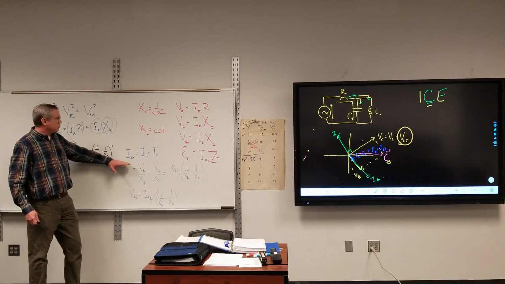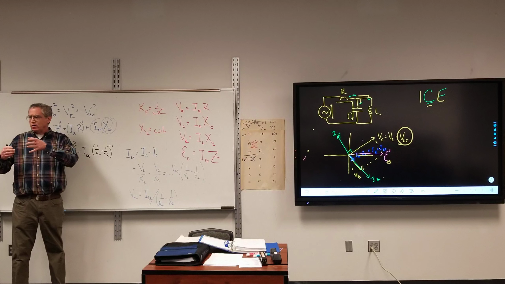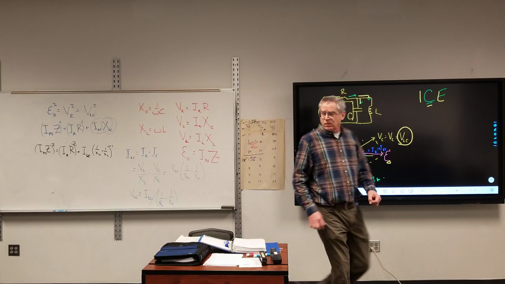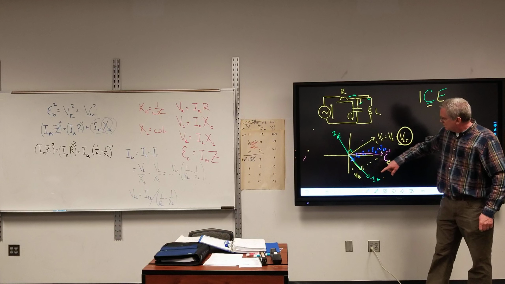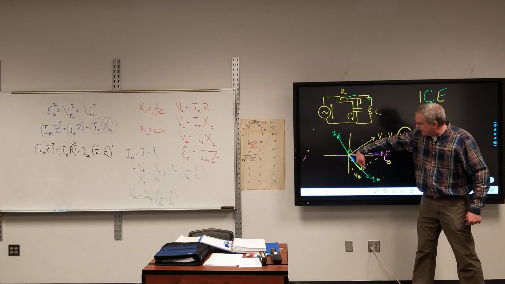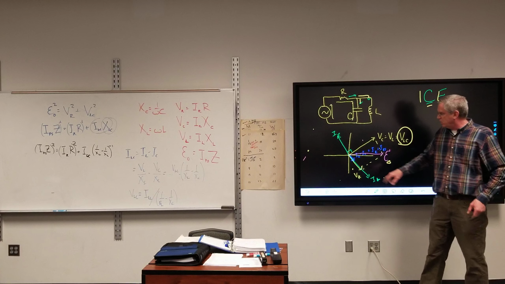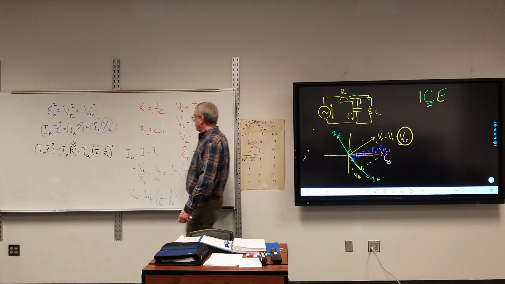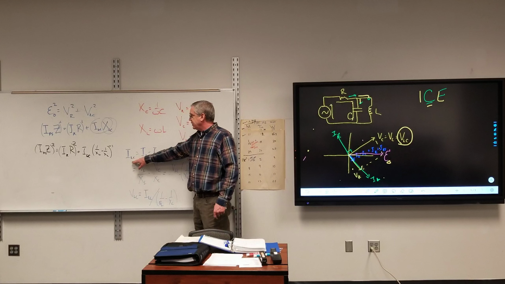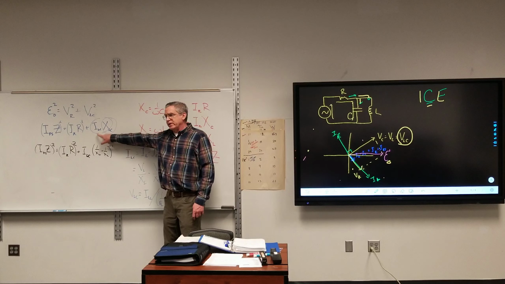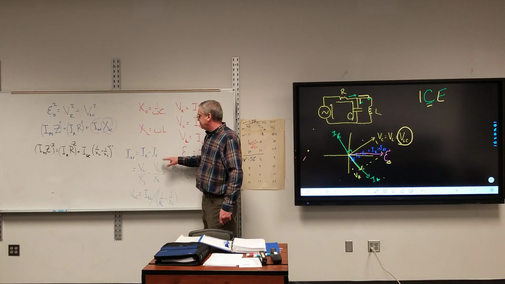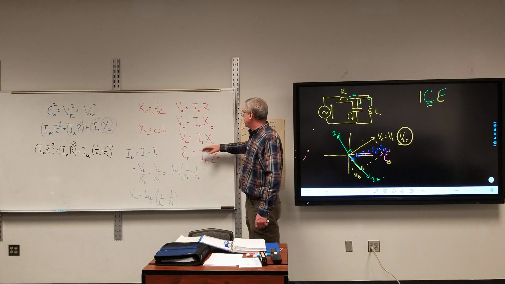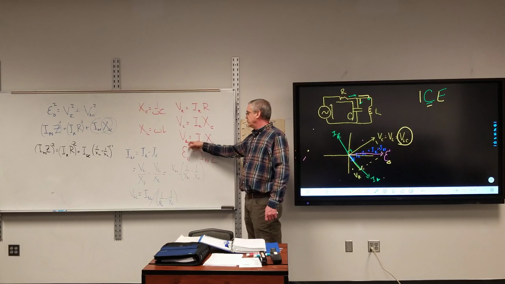All right, so ILC, the current that's flowing into the LC structure, I had IC this way, IL that way, so the combination of the two is just IL minus IC. So ILC is IL minus IC. Now, this is the current flowing through the inductor, and using this rule right here, if I solve for it, it's VL over XL.